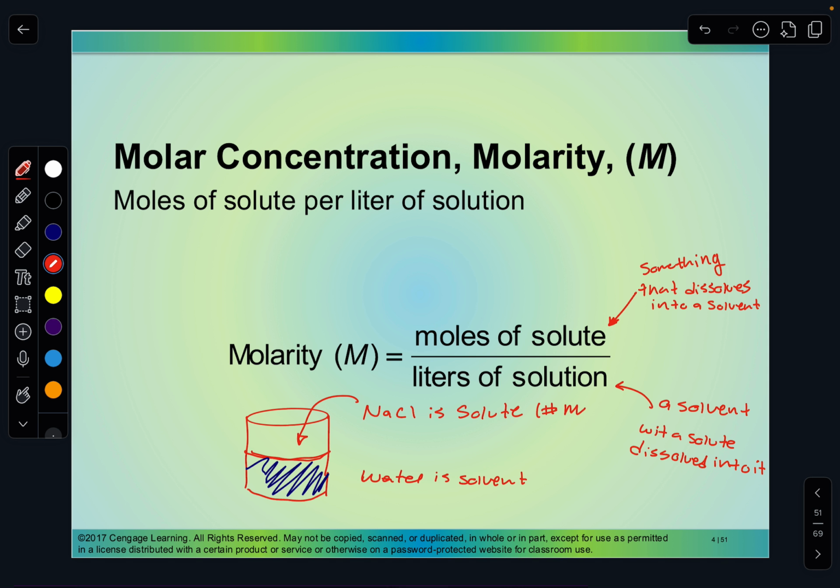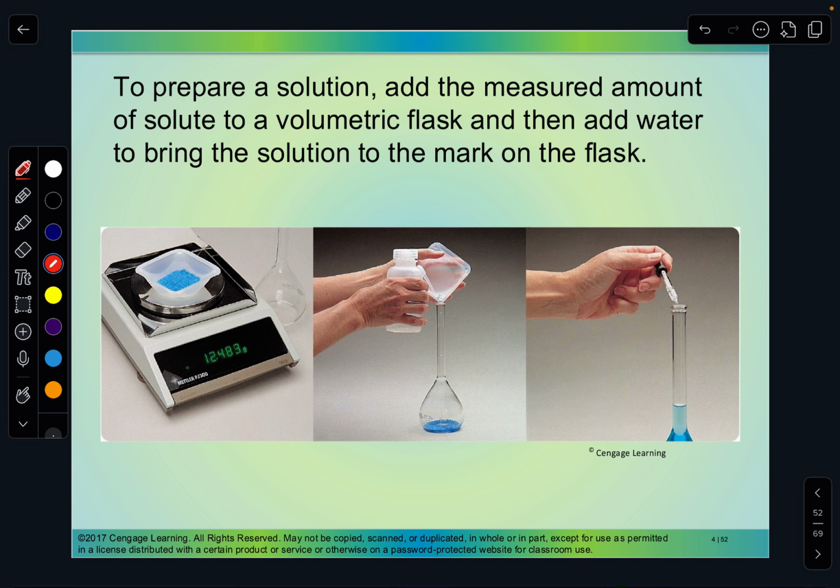Number of moles, and this is the number of liters. And that's how we'll calculate this. We'll just divide the moles by the liters. Okay, and so in the actual laboratory, this is what this looks like. You would measure out something. This is copper sulfate, CuSO4. And then you would put it into a container. This is a volumetric flask.